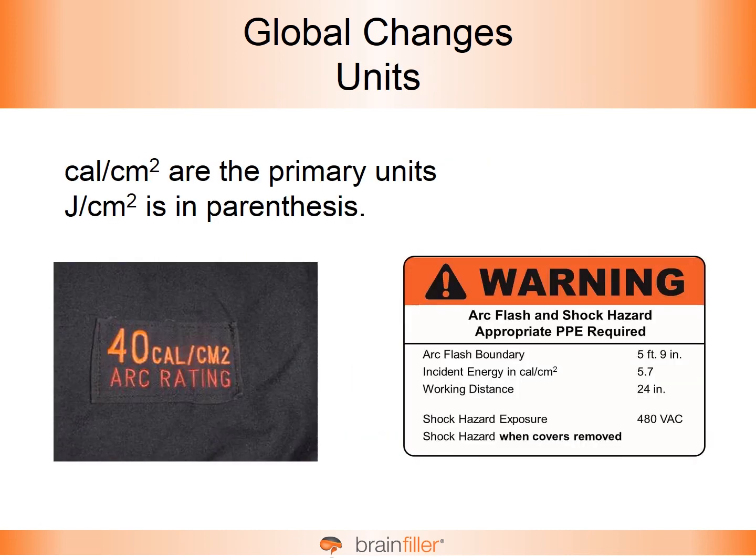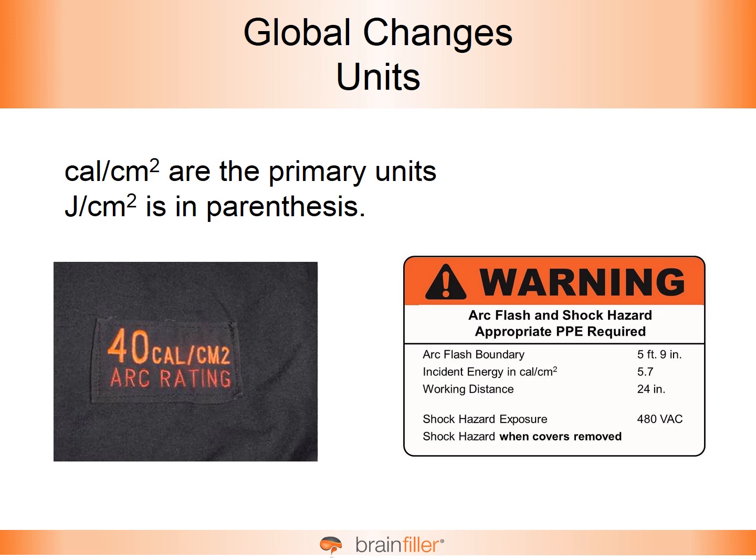Another global change is with the units. In the past, the units used for incident energy were in terms of joules per square centimeter. However, the arc rating associated with PPE, as well as the incident energy that is on most arc flash labels, is in terms of calories per square centimeter.